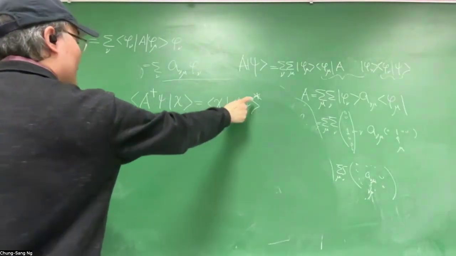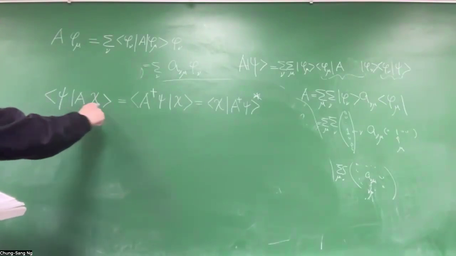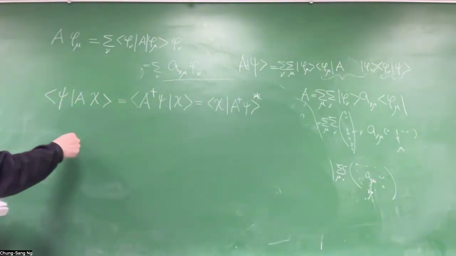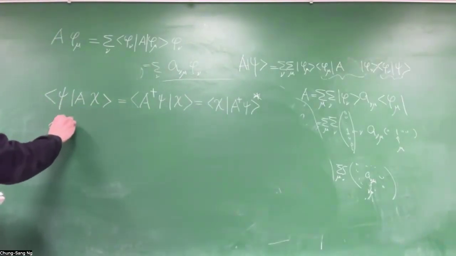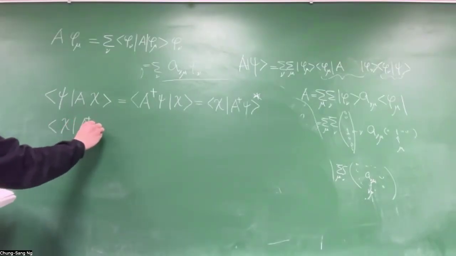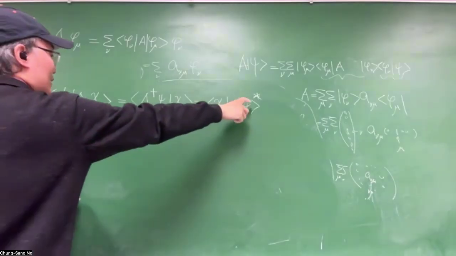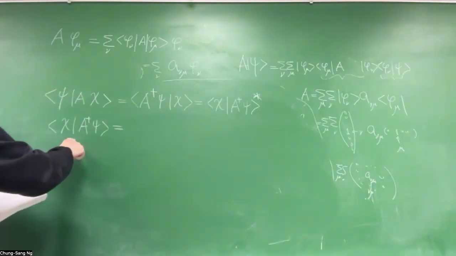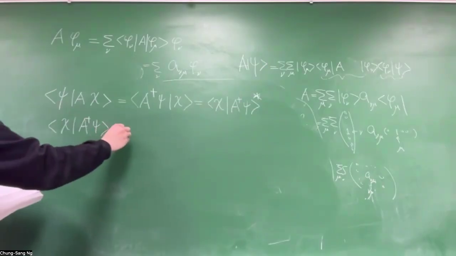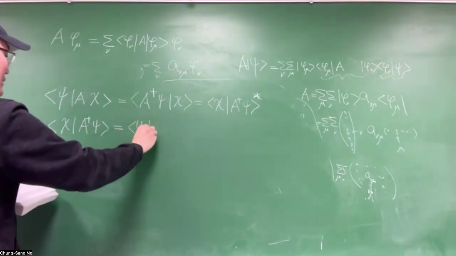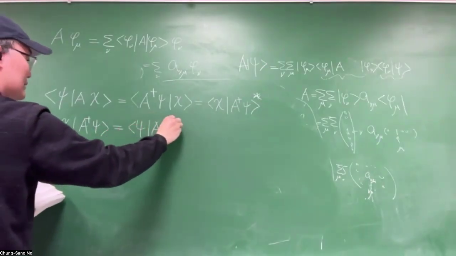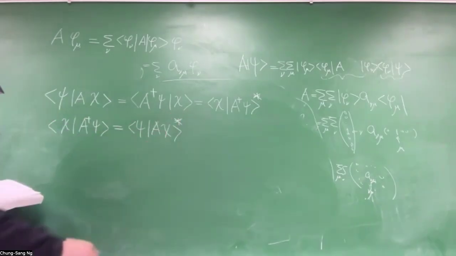We can now take the complex conjugate of this thing and we recover this one, which is the complex conjugate of this one.